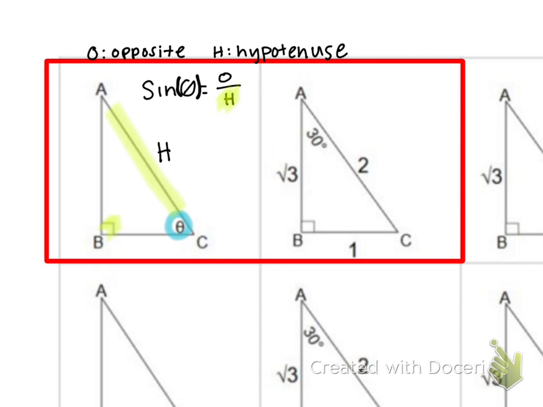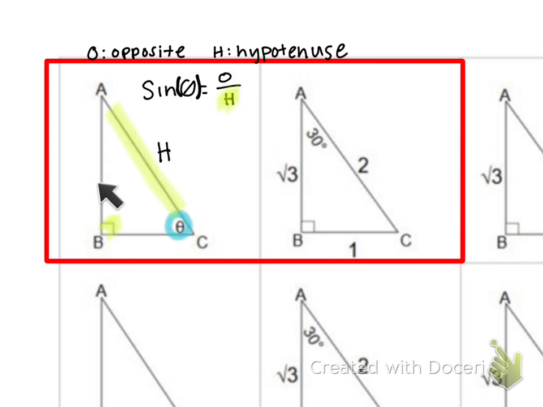Now, if you want to label O, opposite, then you are just going to look at what is in front. Opposite means in front of. So you look at this angle and you look at the sides and you look at what is in front of it. If you label this incorrectly from the start, you will get your questions incorrect, so make sure you're paying attention to the labeling right now. If you look at the three sides, you have the hypotenuse, which is already labeled.